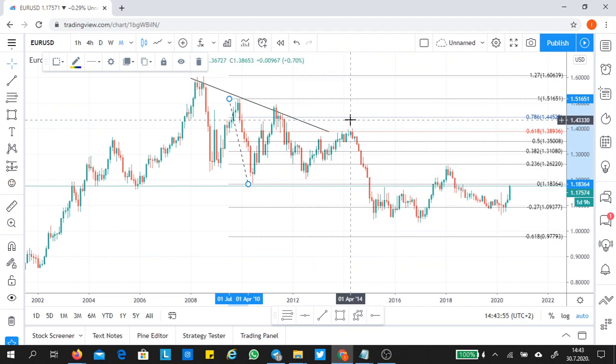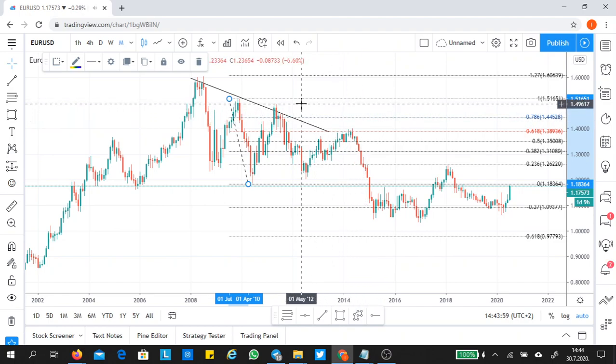Here it was a little bit tricky because the 78.6 level was broken, and we might get an indication that our downtrend is over.